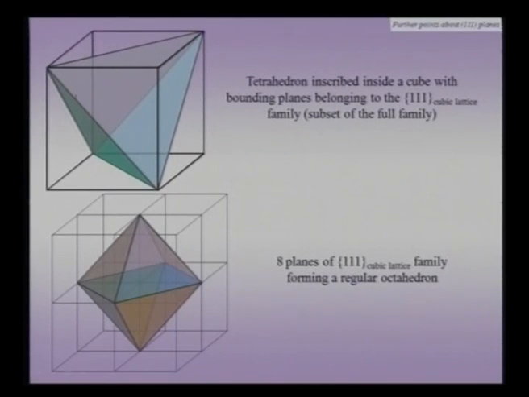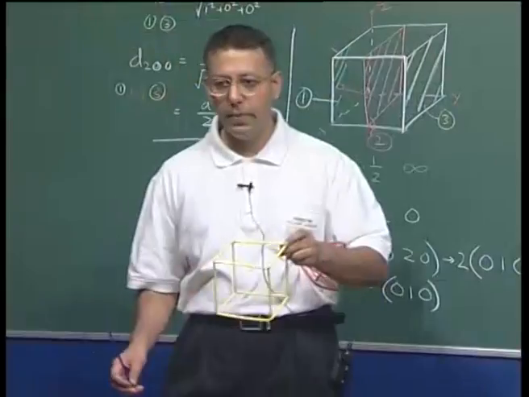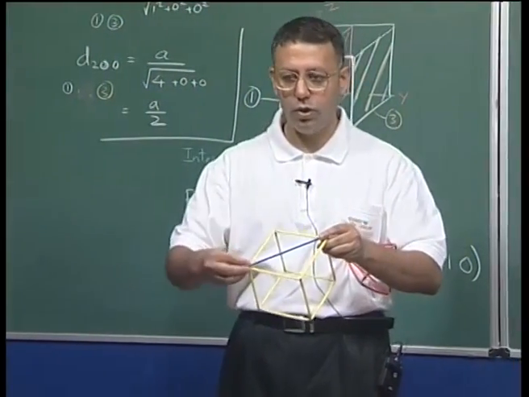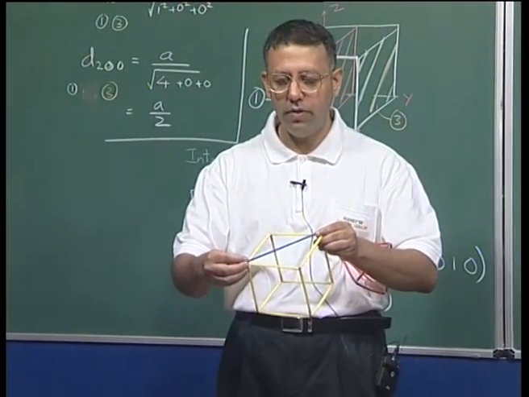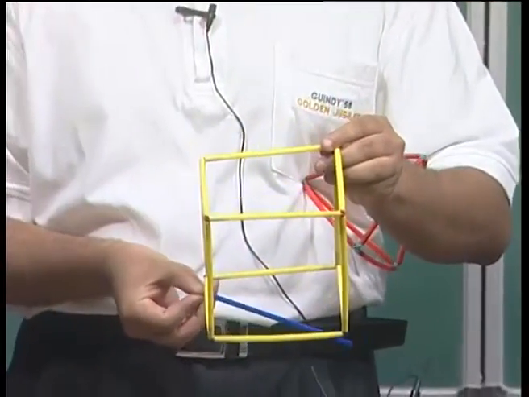So, you can see here that there are 4 members of this 111 family which go inside the cube and form a tetrahedron. Let me show the relative orientation within the cube. The way to construct this tetrahedron within the cube is to consider one face diagonal in one direction, and the other face diagonal perpendicular to it.